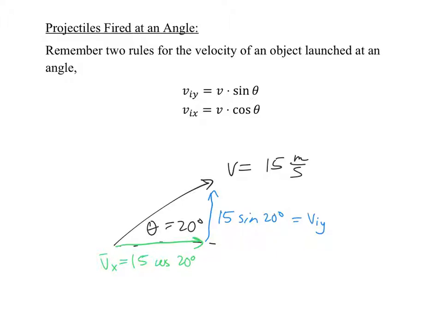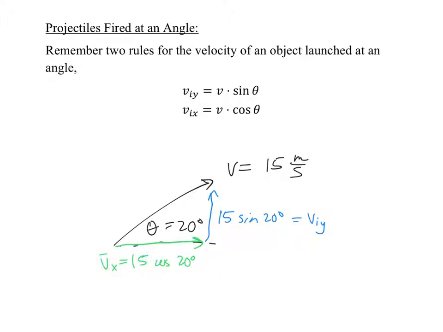I'm calling this V bar x again. Why don't I have to call it initial or final in the x direction? I talked about this the other day. Who remembers? Constant. Because the velocity in the x is always constant. In the x, there's never any acceleration.